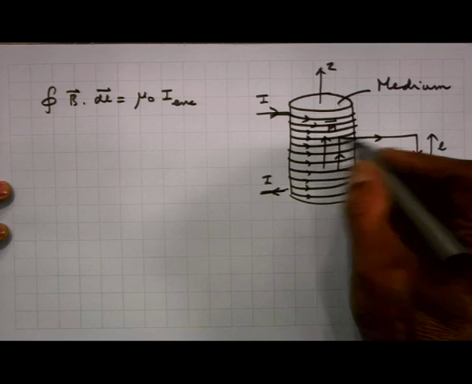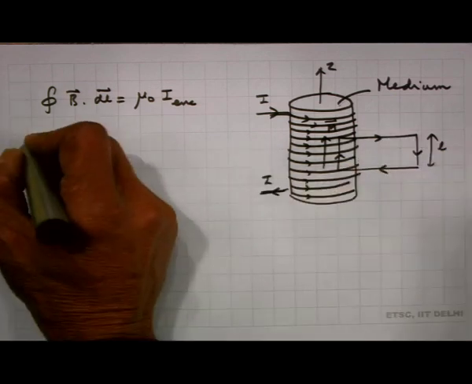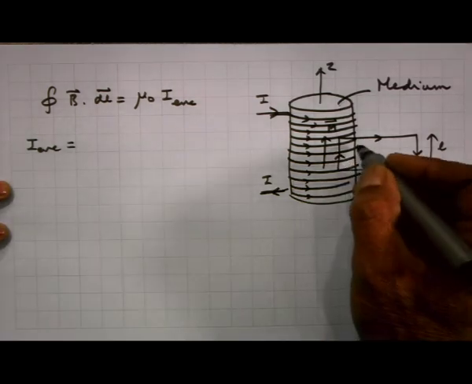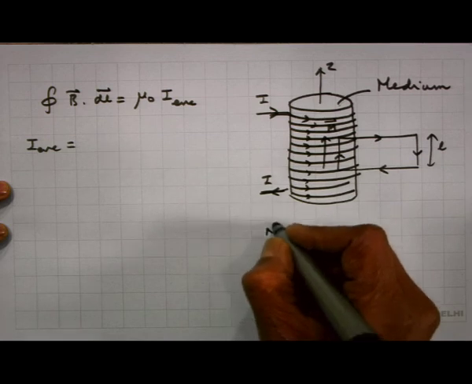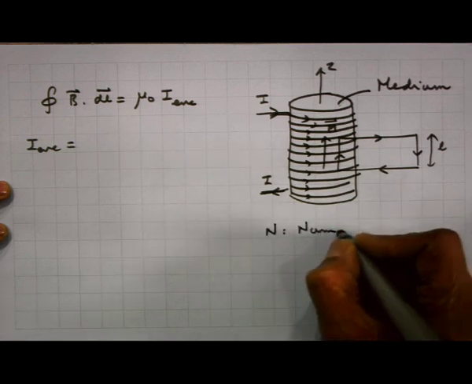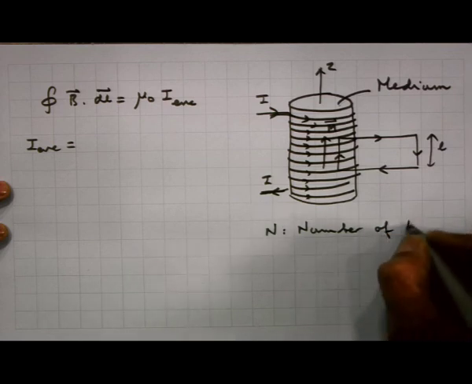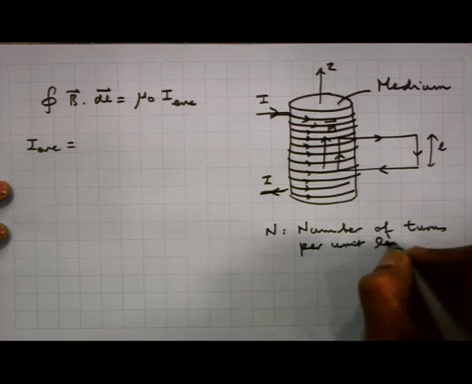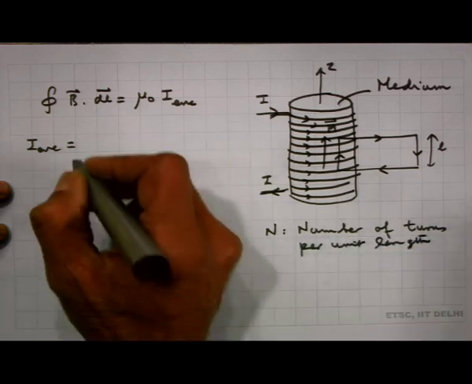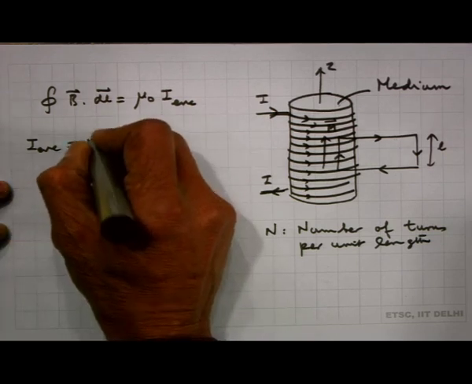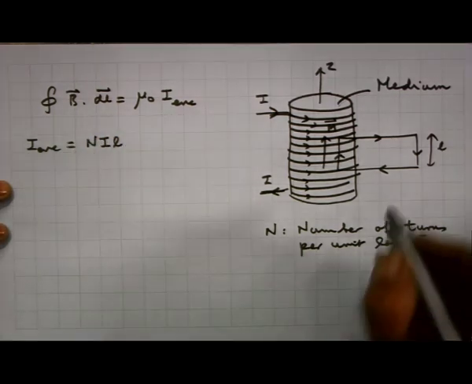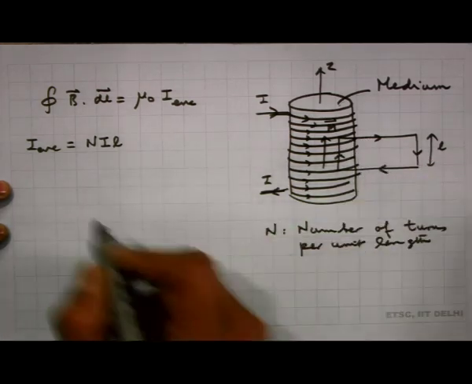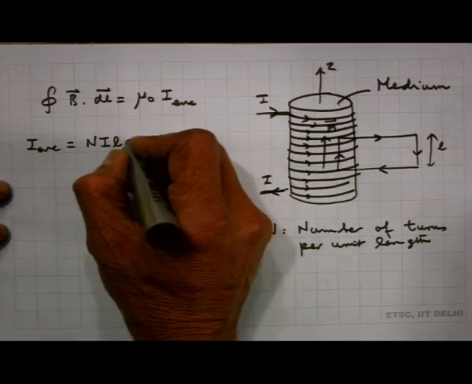So, within this loop, the current enclosed consists of the current which I am passing through the wire, and if n is the number of turns per unit length, then the current enclosed will have n times I times L. There are nL loops crossing the path and each of them has a current I, and also I have magnetization.